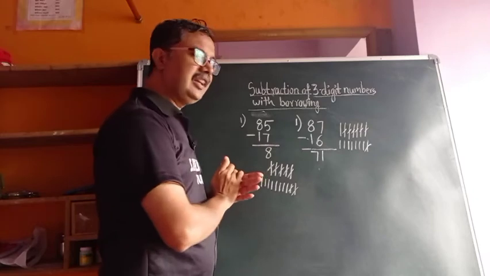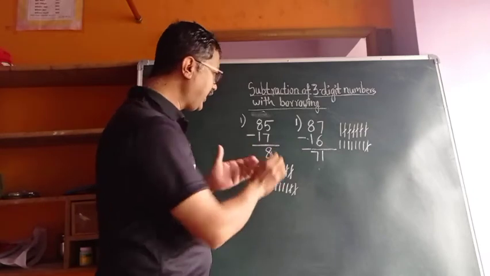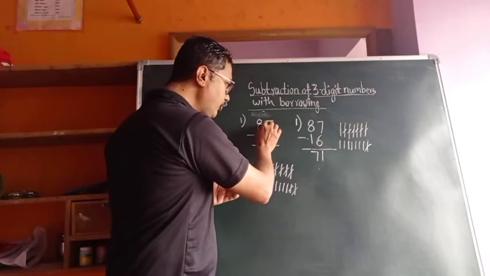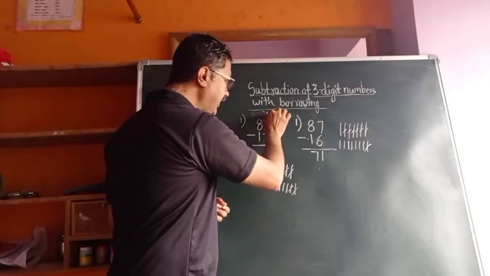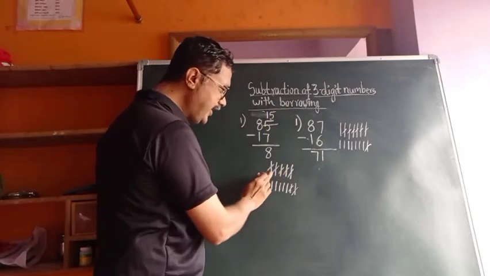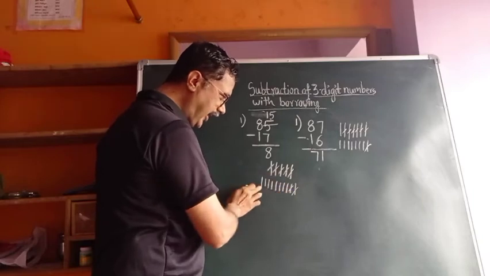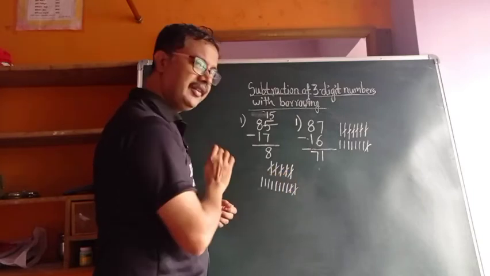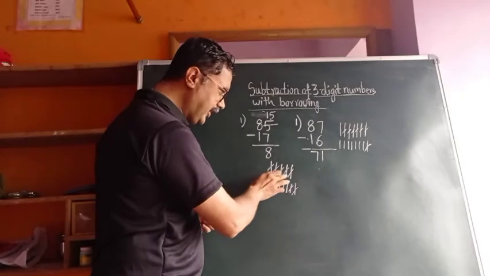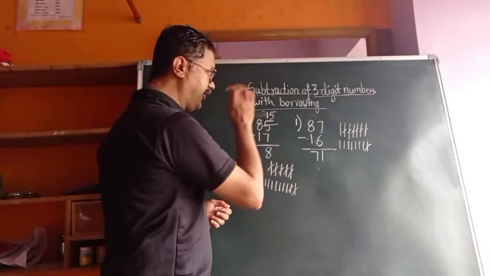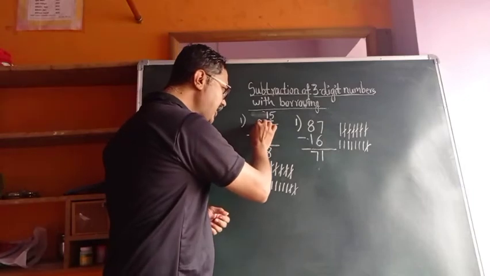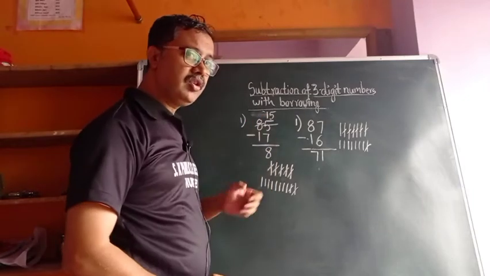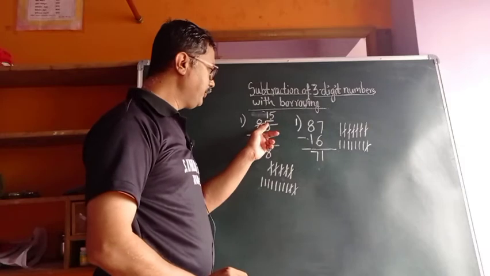Now here in the textbook method, what will we do? We will strike out this and write 15. Why? Here 10 and 5, we wrote 15. And in the next step you have to strike out the next number also.